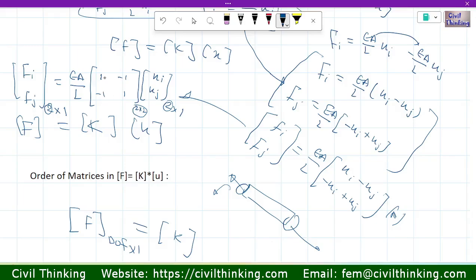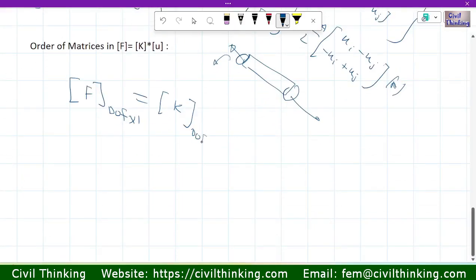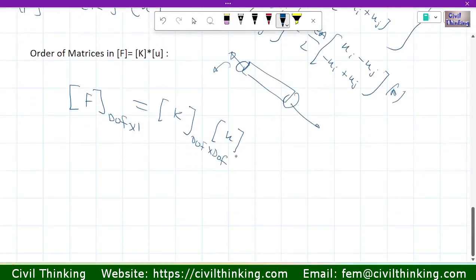What was the order here? 2 cross 2, and 2 is the degree of freedom. So the order of k is degree of freedom times degree of freedom. Then we have the displacement matrix, and what is its order? 2 cross 1. 2 is the degree of freedom, so it is degree of freedom times 1.